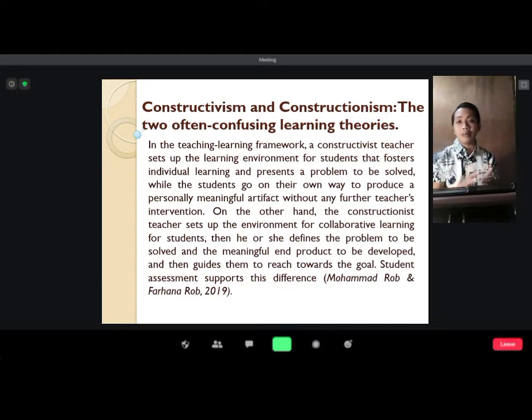Hindi pwede sabihin na you have just read many books, novels, watched love stories, and you say that love is like this, unless you experience it by yourself. Nasubukan mo kung paano ma-in love. That is what we call learning under the constructionist theory.